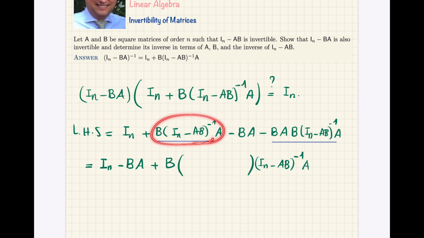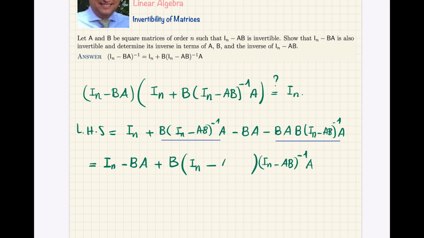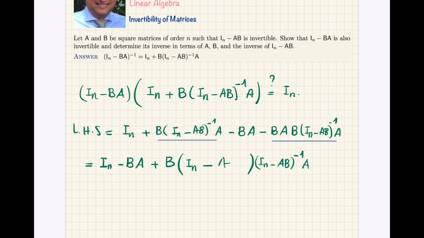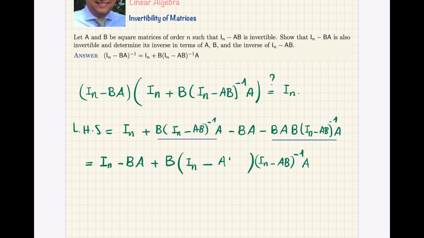The identity matrix will be left from here, and then I have minus. So let us repeat this one. I pulled this one out, I pulled this one out, so minus AB is left. But that is very interesting now because this is exactly the combination that I need. You see now, these two matrices are sitting next to each other, and one of them is the inverse of the other one.